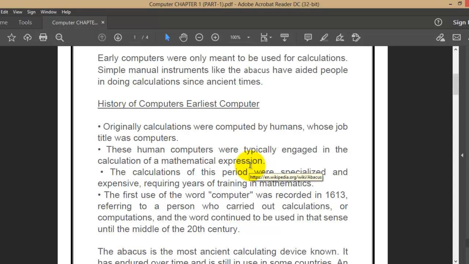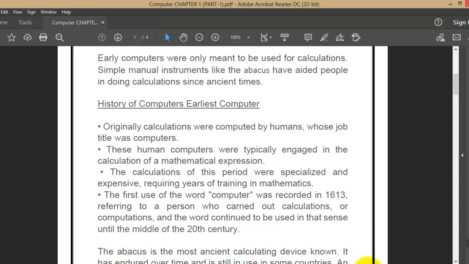They needed to do all the mathematical calculation, and for this one had to prepare oneself through a long period of training in mathematical expression.